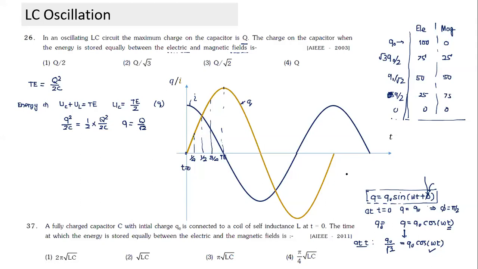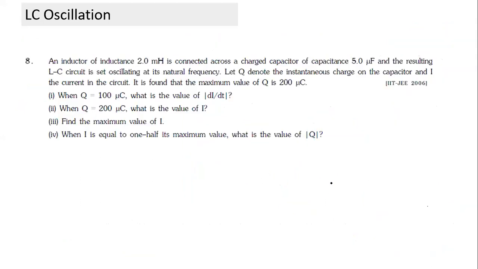I think you need to refresh a little bit of the SHM equation. Suppose I write x is equal to xm sine of omega t plus phi, for a spring block system, where omega is root of k by m. Now, what is this term called here?